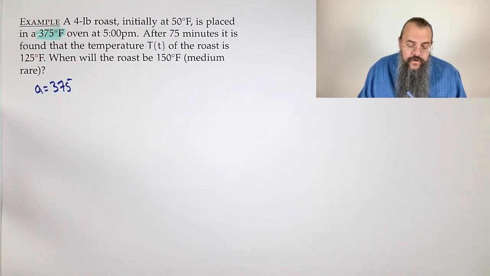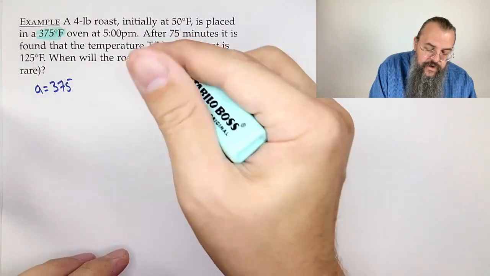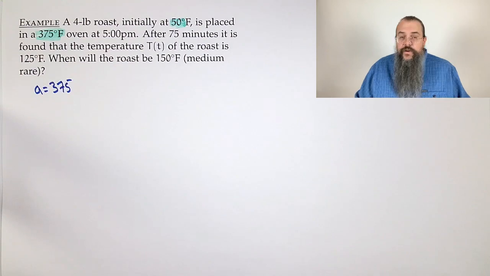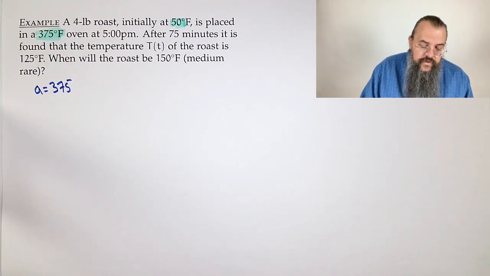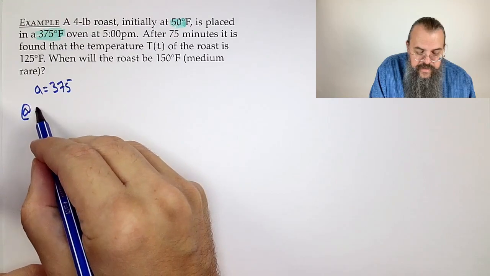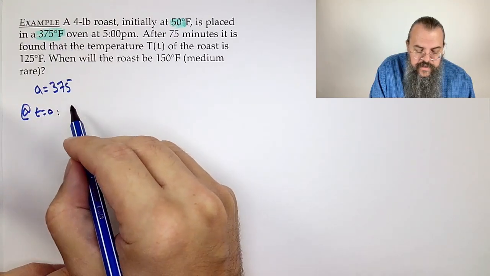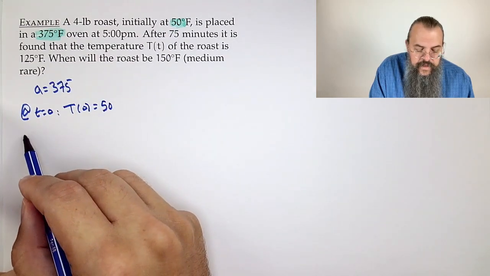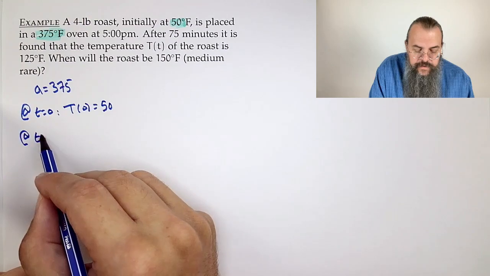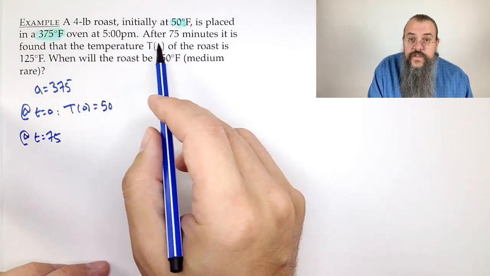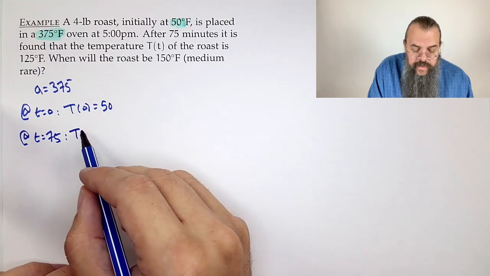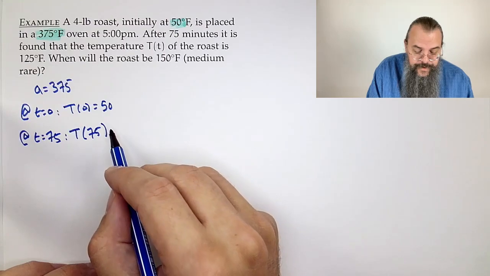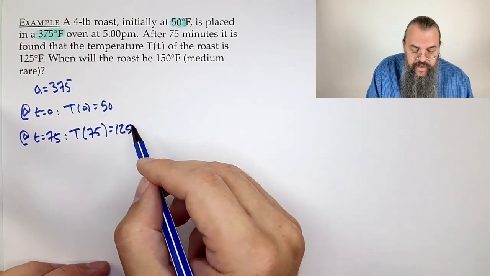Now we have the roast, which is at 50. The roast is what's changing temperature. At time equals 0, our temperature is 50, so this is our T0. At time equals 75, after 75 minutes, our temperature is equal to 125.